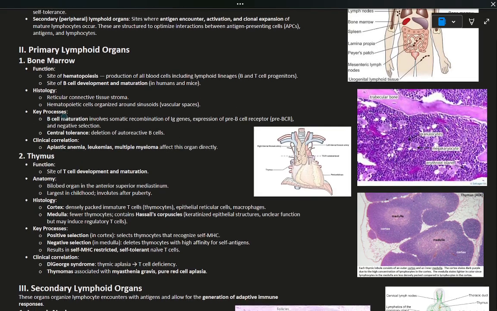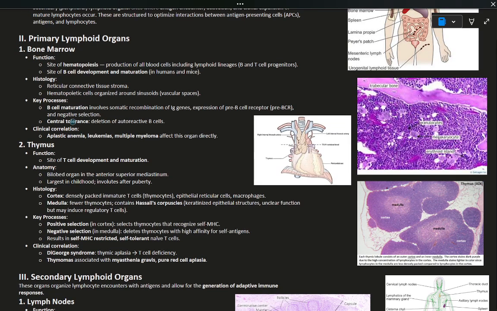Some key processes of the bone marrow are B cell maturation, and that involves the somatic recombination of immunoglobulin genes. There's also the expression of pre-B cell receptor, also known as pre-BCR, and then there's negative selection.